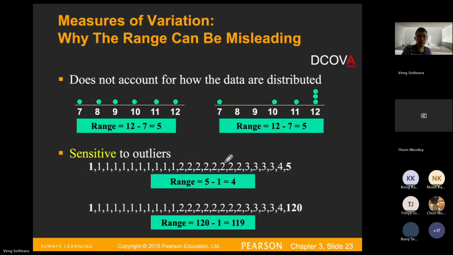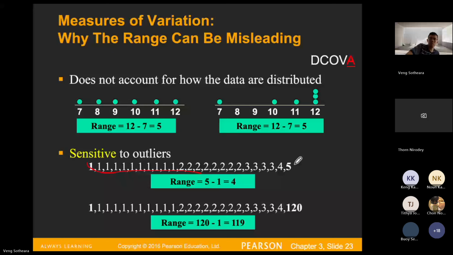Yes, okay. So last time, this is a data set that's supposed to be the weight of several fishes. Some are 1 kilogram, some are 2 kilograms, and one of them is 5 kilograms.